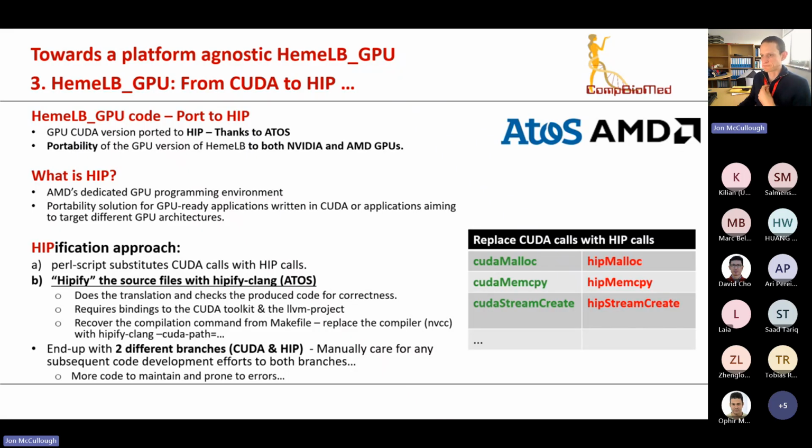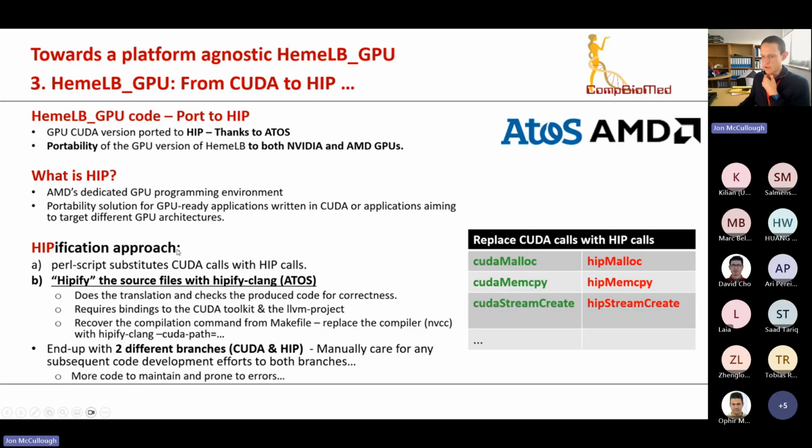the cluster competition. HIP is AMD's version of the CUDA environment for NVIDIA, and it allows execution on both, taking a GPU code written in CUDA and allowing it to be portable and target different hardware. In many cases, there are some conversion scripts that allow conversion from a CUDA code to a HIPified code, where basically the CUDA calls are replaced with HIP calls.